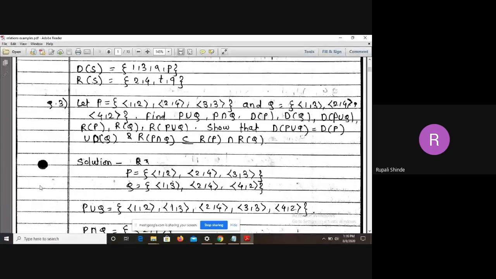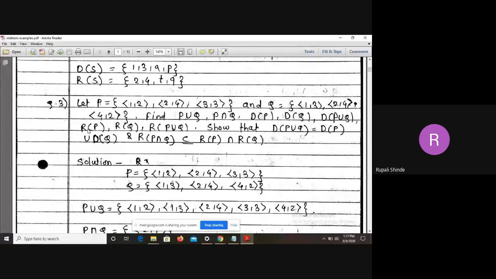Now next one is domain of P. 1, 2, 3. Then domain of Q. 1, 2, 4. Then domain of P union Q. We have already found out. Yes, 1, 2, 3, 4.